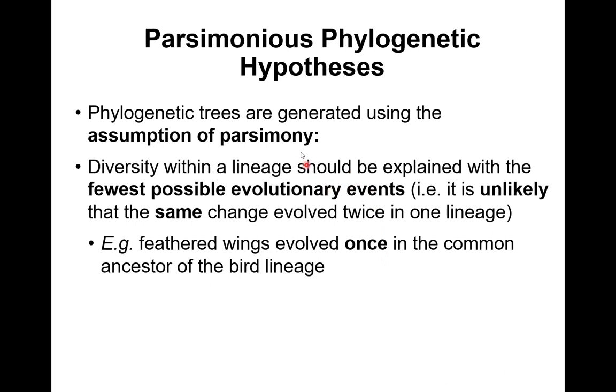Now, how are they generated? Well, an important factor that is always used in generating the phylogenetic tree reflects how evolution actually works. Evolution tendentially tries to get organisms to adapt to a specific environment, for example, adapt to swimming or adapt to flying and so on. But it doesn't keep doing it all the time.